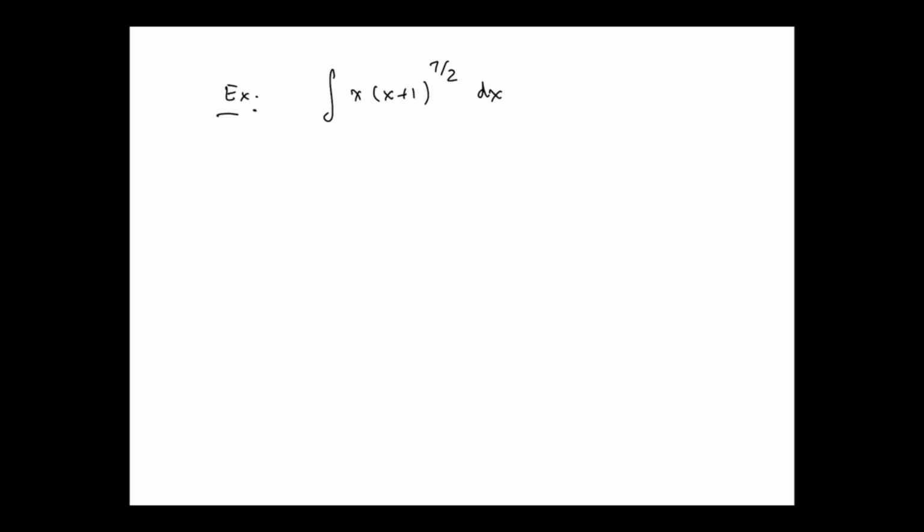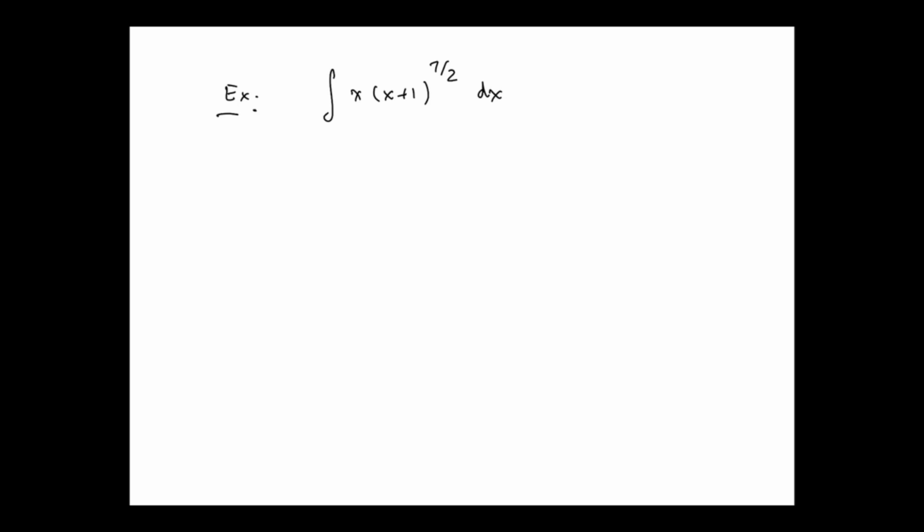We could just distribute everything and that'd be the end of it. If the exponent were on the x rather than the whole parentheses term, same deal, we'd be set. But we can't distribute the first term x into the parenthesis term because of that exponent. So we're sort of hosed. So what do we do instead?